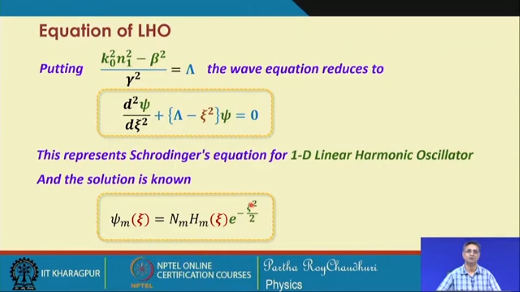Xi is the representative for x. So, this is a Gaussian function, this is a Hermite polynomial. So, the wave functions are Hermite Gauss functions with the normalization constant N m.